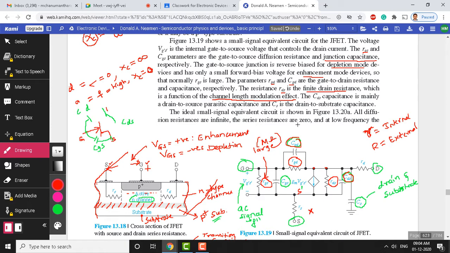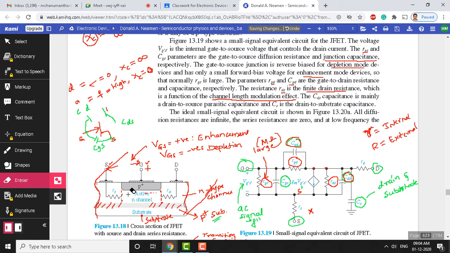You know what channel length is? Channel length means this distance, from this line here. There is a dotted line shown here. From here till this line is nothing but the length. We'll just remove this so that it will be easy for you to understand where I am showing.